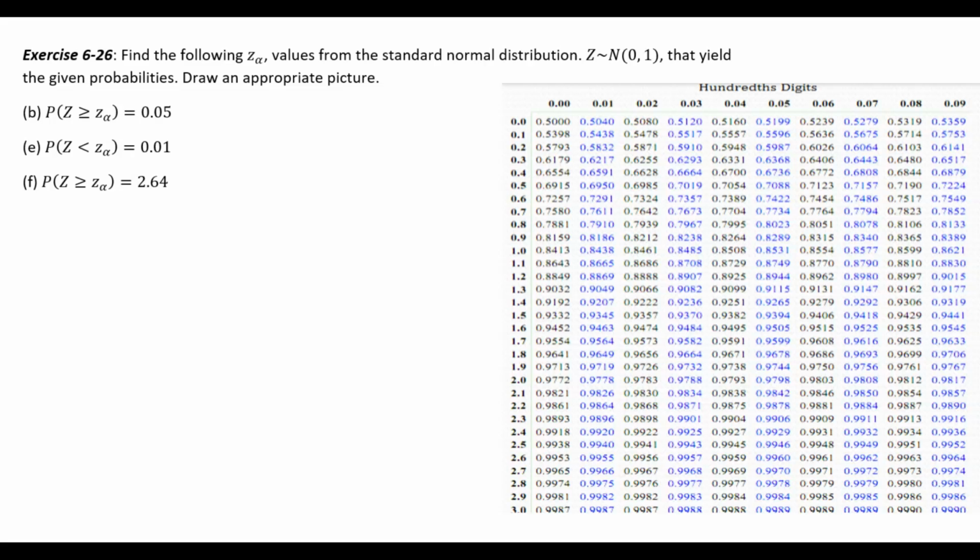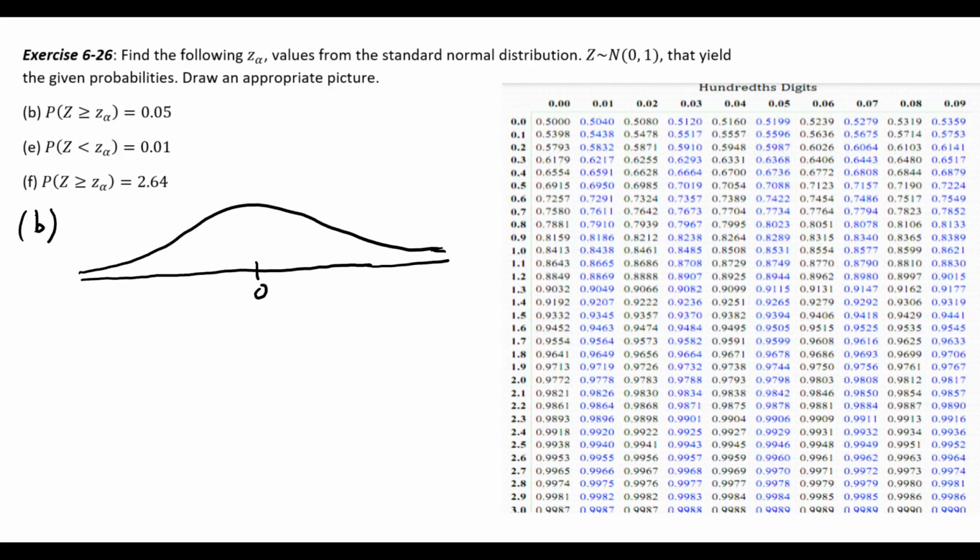So let's look at the first problem. Again, this is exercise 626. I'm not doing all of the problems. I just picked 3 of them so that you can get a sense of what needs to happen in order to find the associated z-score.